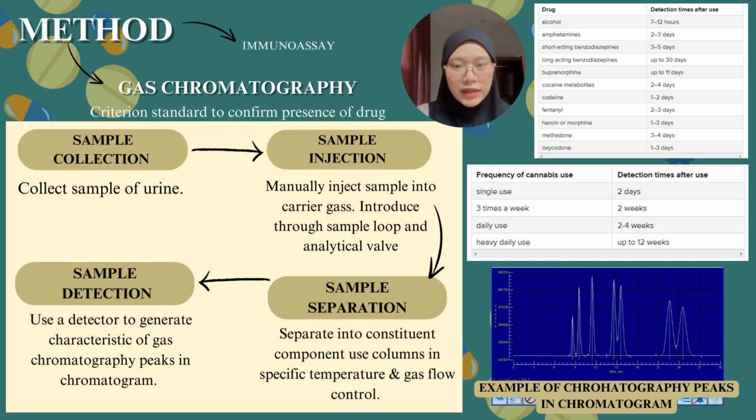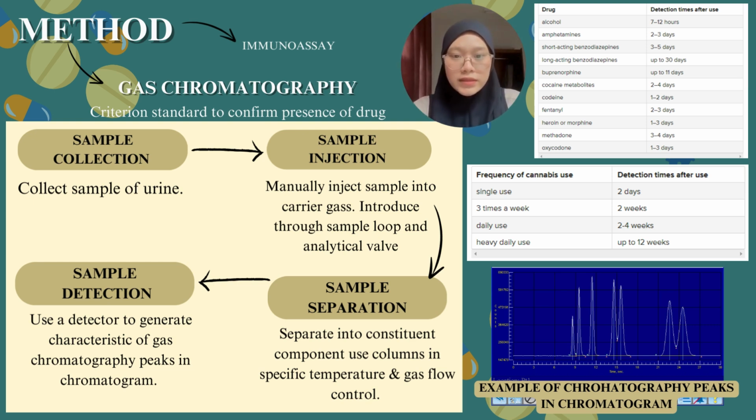The first step of the basic chromatography method is sample collection. The urine sample will be collected from a person and stored in a plastic container and returned to the doctor. But if the sample cannot be returned to the doctor within 1 hour after it has been taken, it has to be stored in a refrigerator.